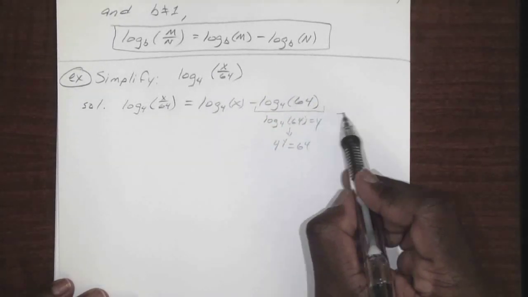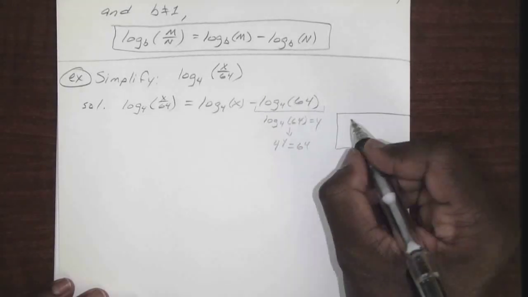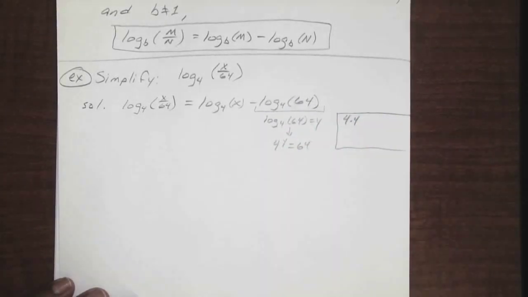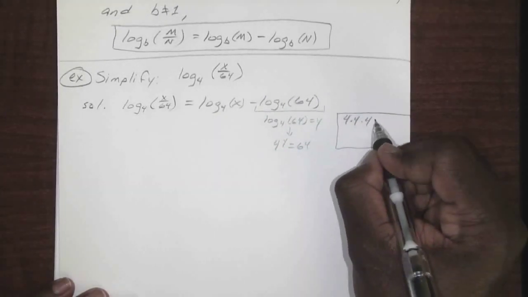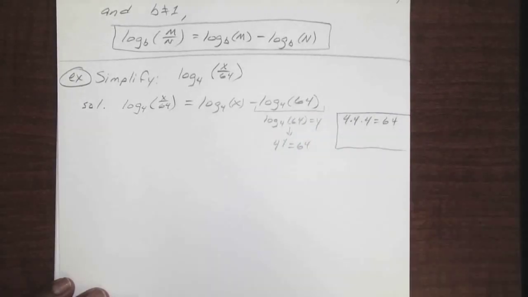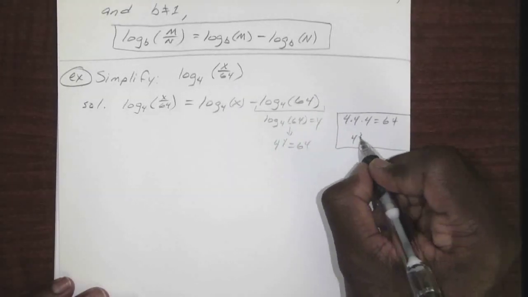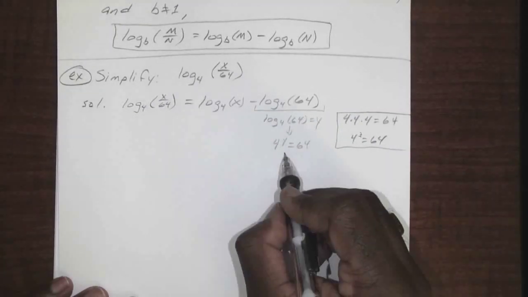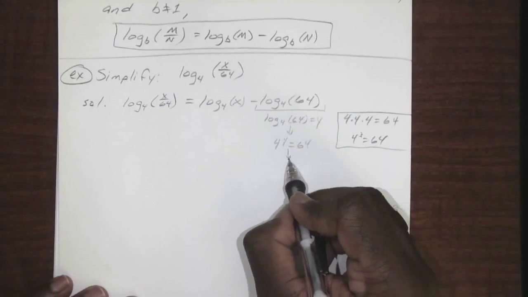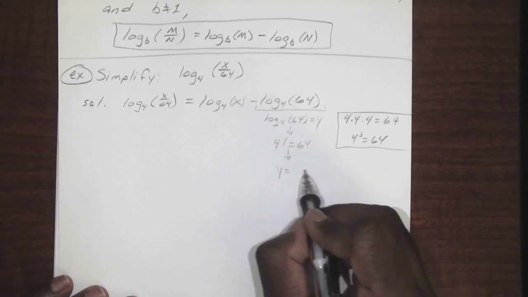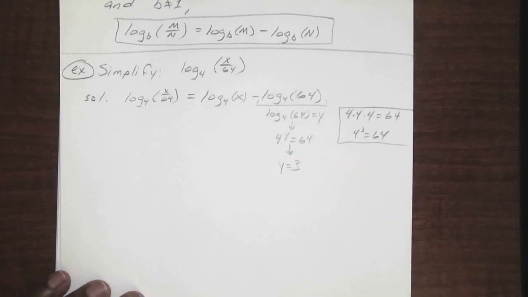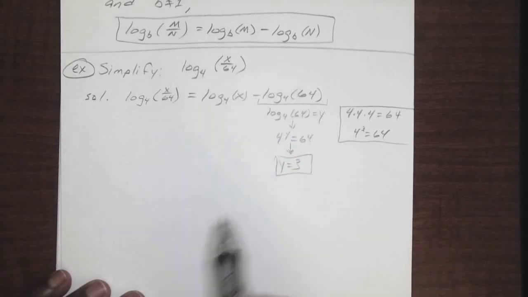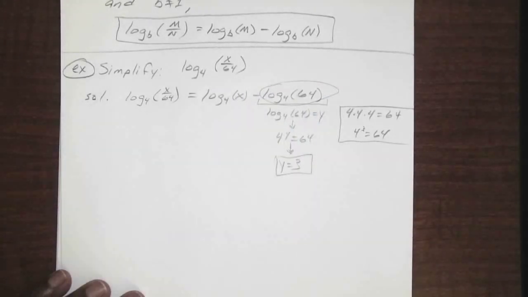Just like before, 4 times 4 is 16, and 16 times 4 is 64. So that means 4 to the third power is 64. So we know this would be true for y equals 3. So that means this entire term just becomes 3.